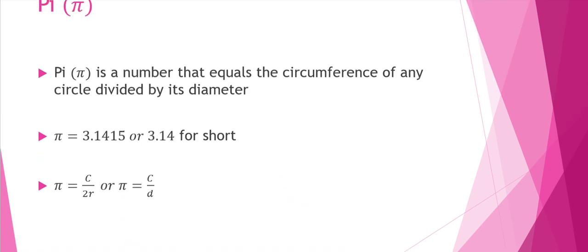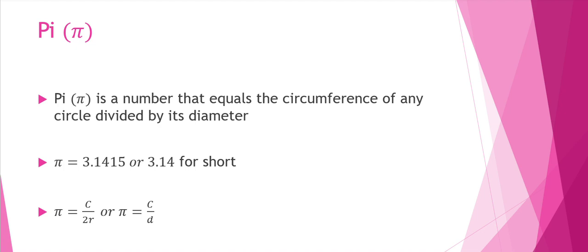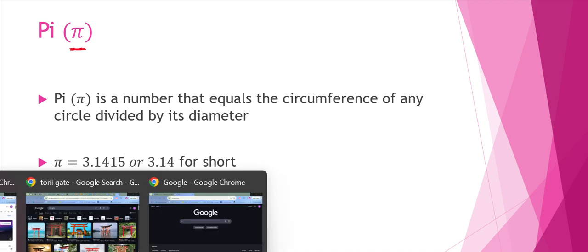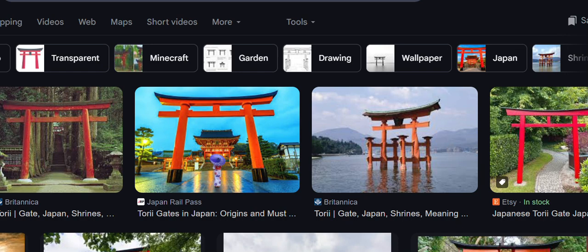Now, pi. Pi right here, okay? This is the symbol for pi that we will always use. Now, if you have any problems with drawing this, just imagine this. In Japan, we have something called torii gates, okay? Where it's got the two beams standing on the side, and then they've got something just running across the top, okay?